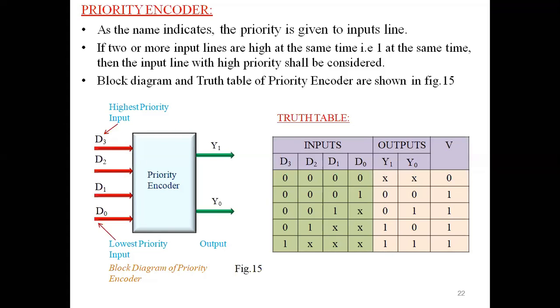8 possibilities plus here 2 possibilities, that is 2 and 3, and 8, 9, 10, 11, 12, 13, 14, 15.